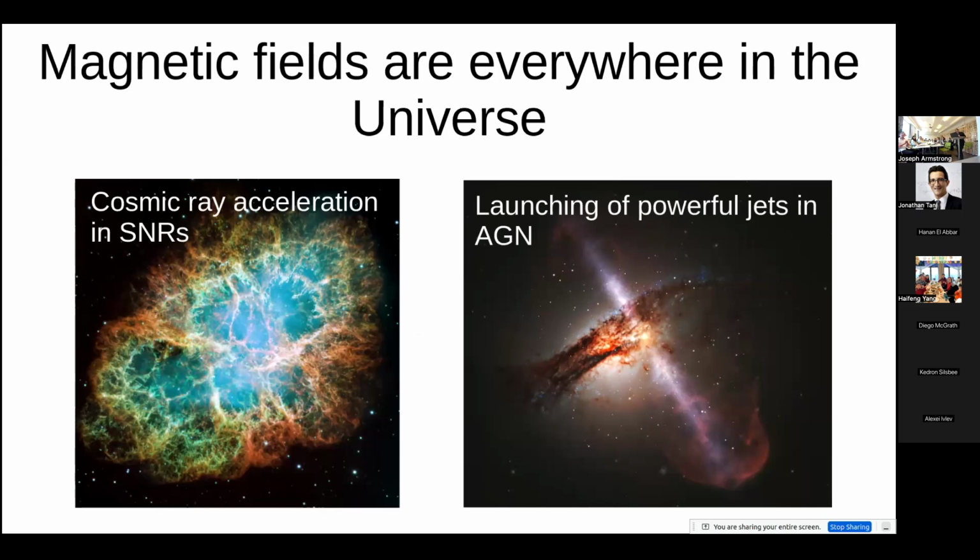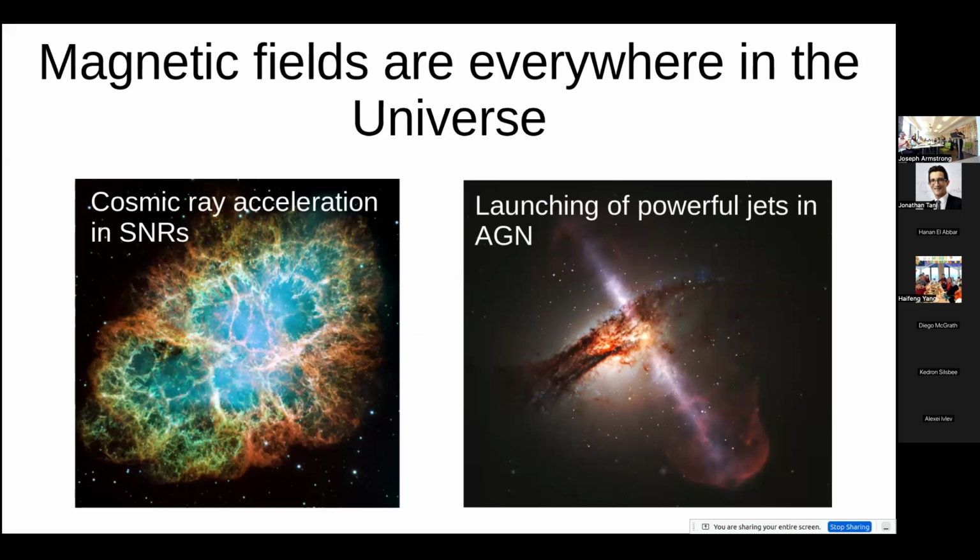So yes, magnetic fields are everywhere in the universe. Plasmas permeate the universe, and so we know that in different systems, magnetic fields play different roles. For example, if you look at supernova remnants, that's where magnetic fields help accelerate particles to relativistic speeds, and that's how you get cosmic ray acceleration.